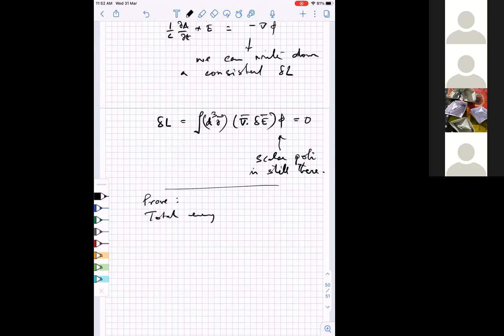So prove that total energy is conserved. This is something that I asked you before.